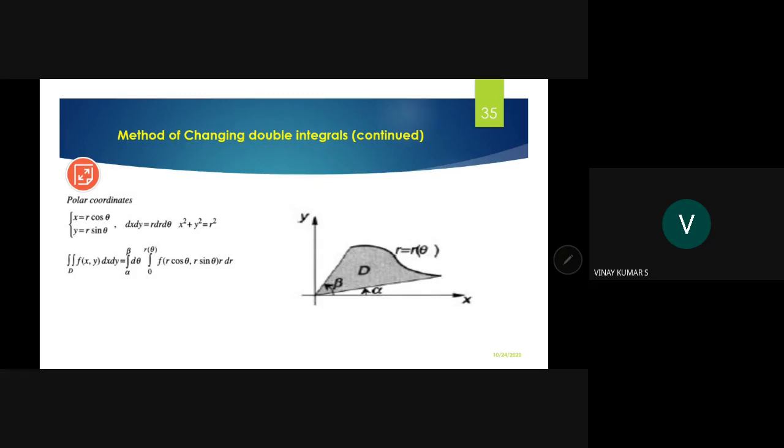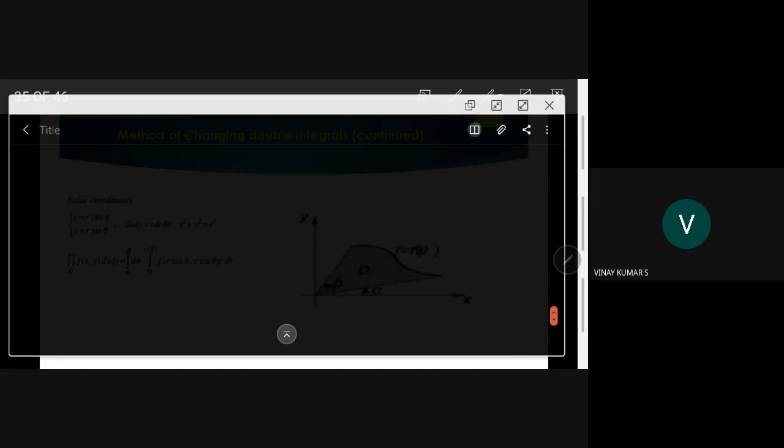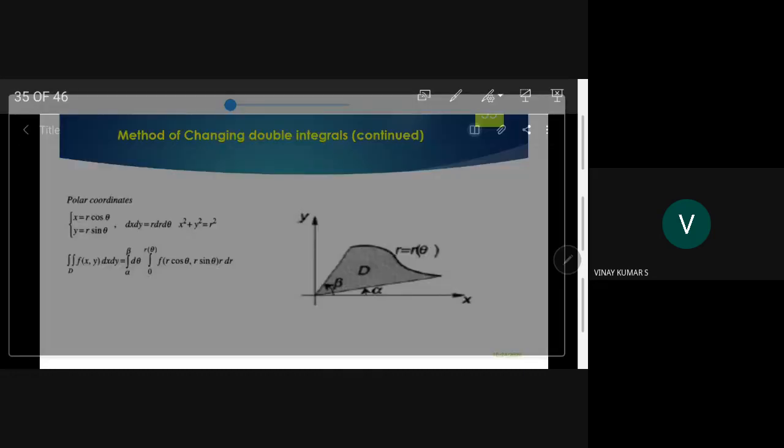That's why r dr. I'll share this PPT, but don't look into all the slides, because I kept this in mind for competitive exams, so don't go much into details. See here, the integrand is f.